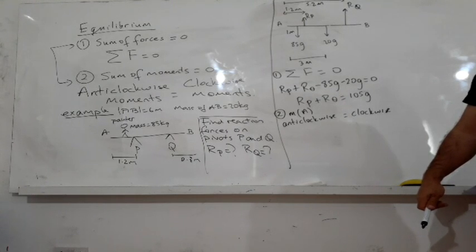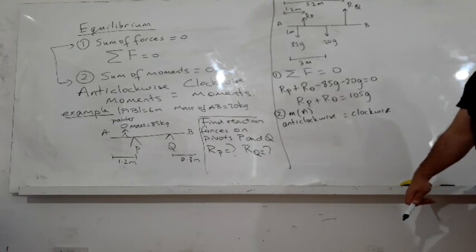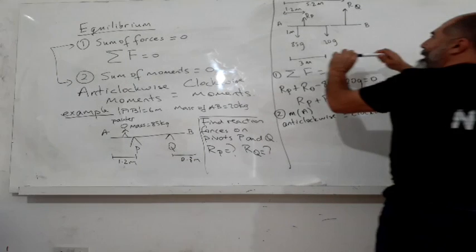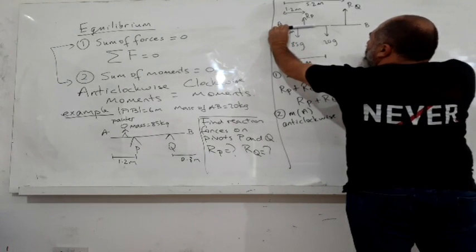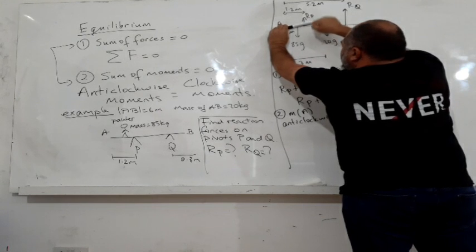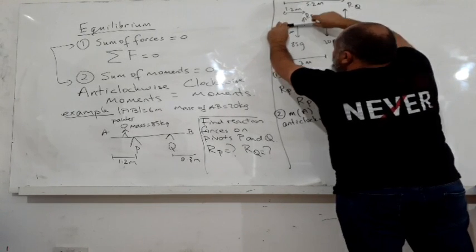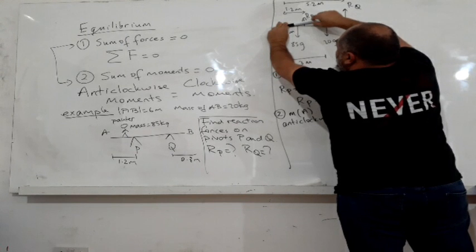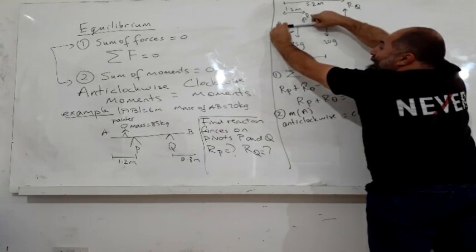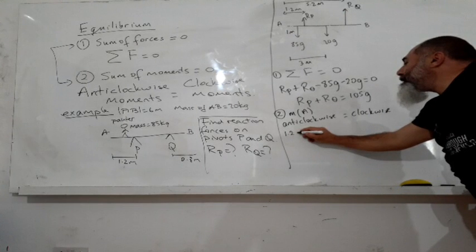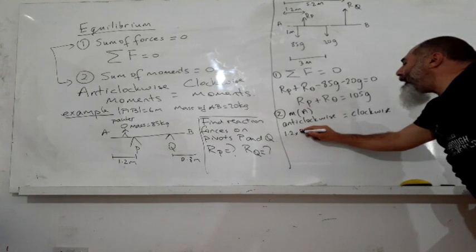So, from A, this is pivot A, RP is pushing up in the anti-clockwise, tries to turn this rod in the anti-clockwise direction. So it is going to be 1.2 times RP, normal reaction force of pivot P.